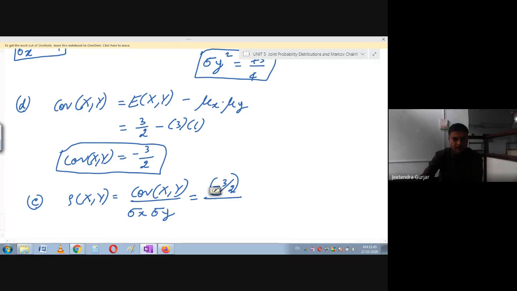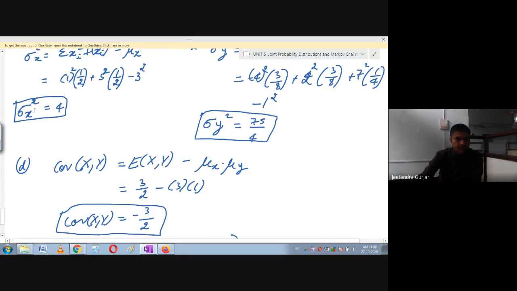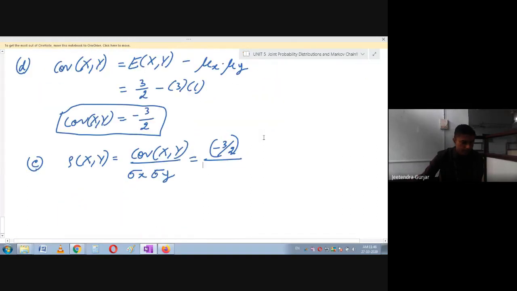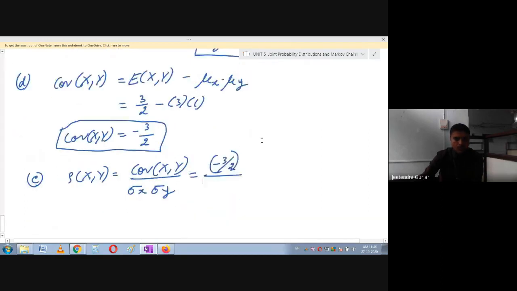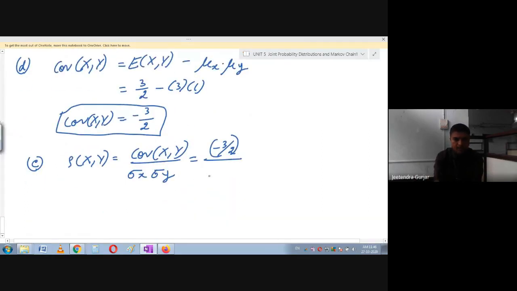And now we can see they have just given sigma x square is 4, and sigma y square is 75 divided by 4. Okay. But here we want sigma x. So therefore, I am going to take square root of 4 and here square root of 75 divided by 4. So please check what is the answer. Please calculate.